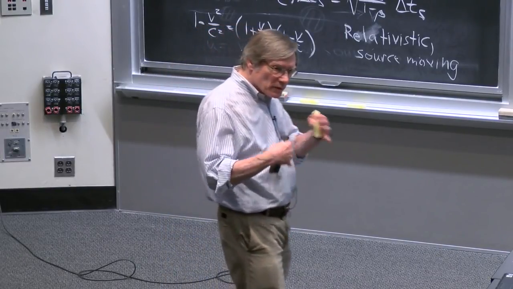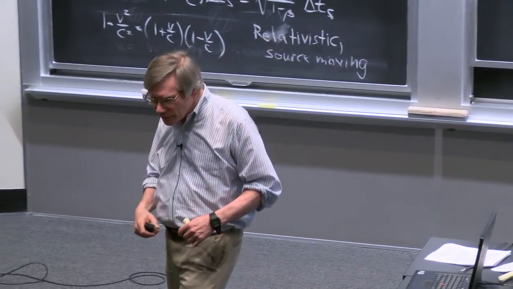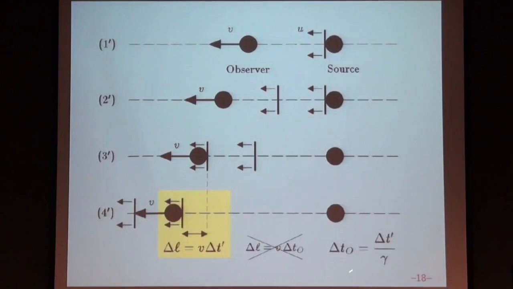And again, one has to think a little bit to make sure one gets the gamma in the right place, the numerator or the denominator. We are saying that the observer clock appears to be running slowly relative to us. And that means that during the amount of time it would take for it to tick off 1 second, since it's running slowly, it should take more than a second relative to us.